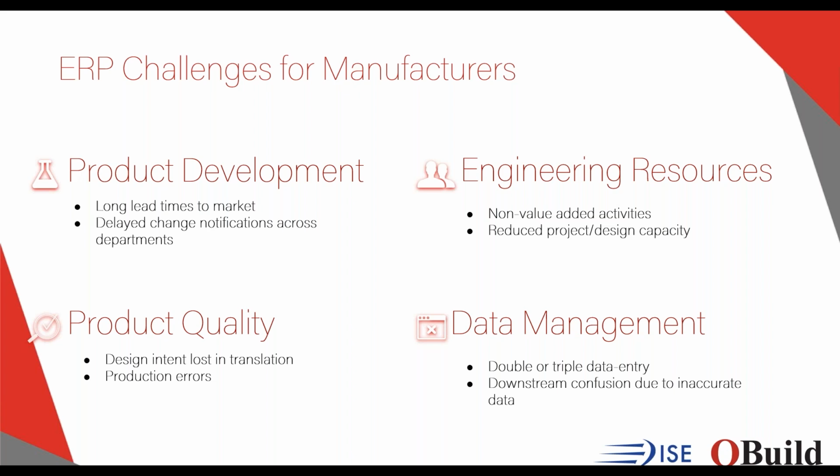Infor XA and Inventor are only as good as the data that you feed them. So it's important that we have accurate data in both systems, and that both systems are in sync, so we don't have any discrepancies or cause any downstream confusion due to discrepant data sets or inaccurate data caused by double or triple data entries from manually entering them.